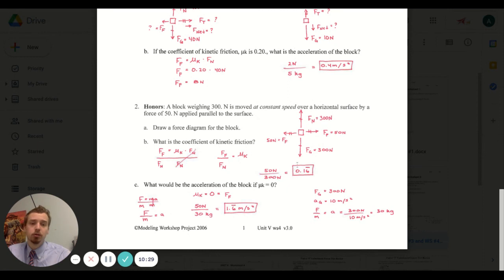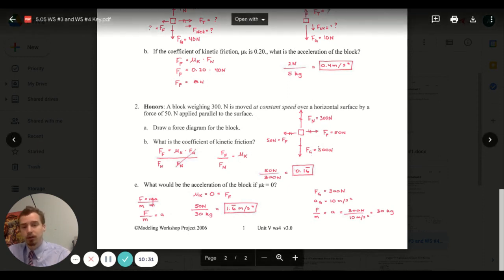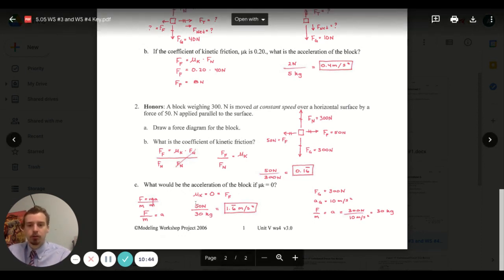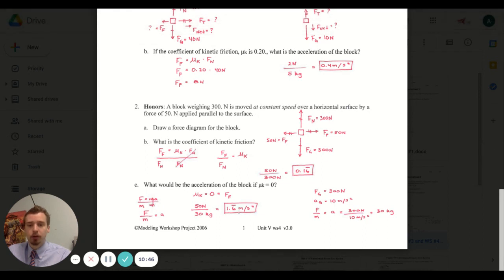In this case, we knew the mass of the object was 30, because if our force gravity is 300 down, then your kilograms is just, you divide by 10 on your force gravity. 300 divided by 10, you get 30 kilograms. So 50 divided by 30, you get 1.6 repeating as your acceleration here.